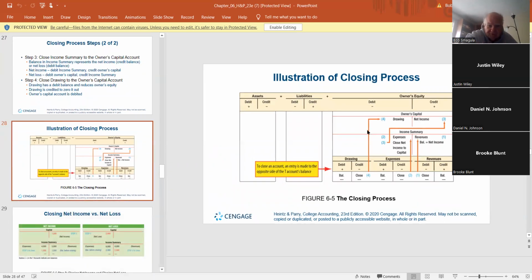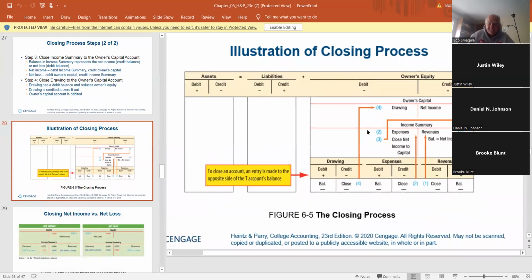And they're giving us a little visual here. So here's what we're doing. We have owner's equity, and we're going to go to the revenue. We're debiting, with a closing entry, the revenue, and that revenue goes into the income summary.